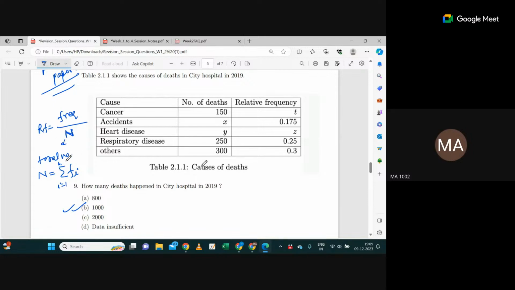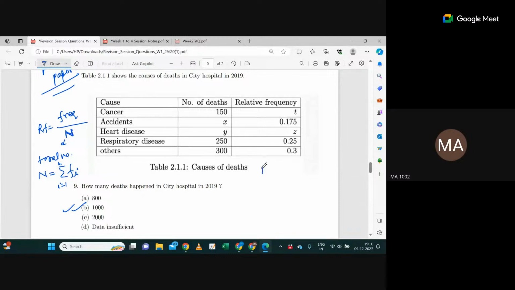Why are we interested in relative frequency? To compare two different data sets, because for two different data sets, your frequencies can be the same, but relative frequency will be different, so you can simply compare the data sets.